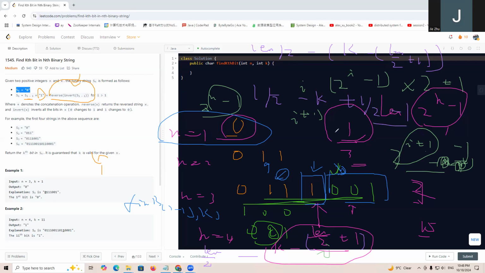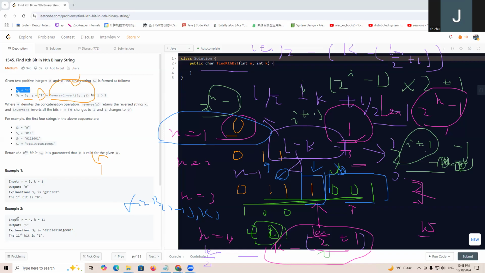So that will be length minus k minus 1. Then we do the recursion to the previous round, finding the char in n minus 1 at this position, and then we also need to flip: if the previous one is 1, then this is 0, and if it is 0, then it is 1.